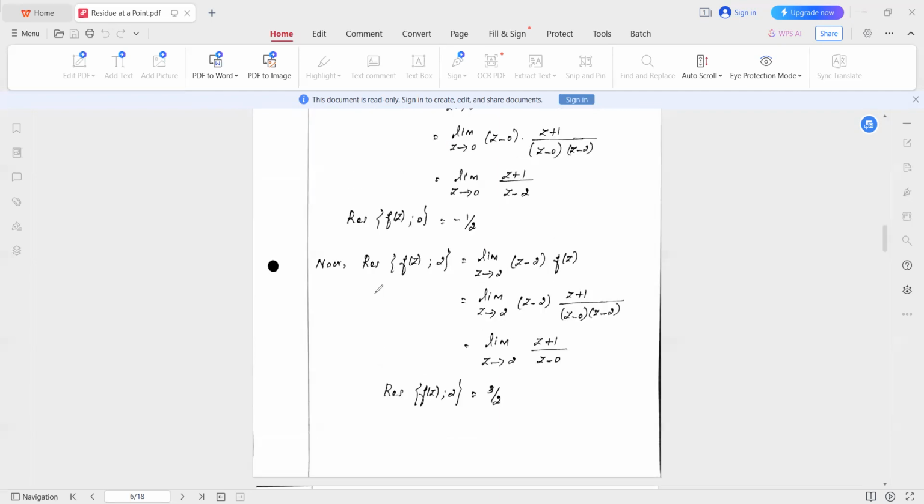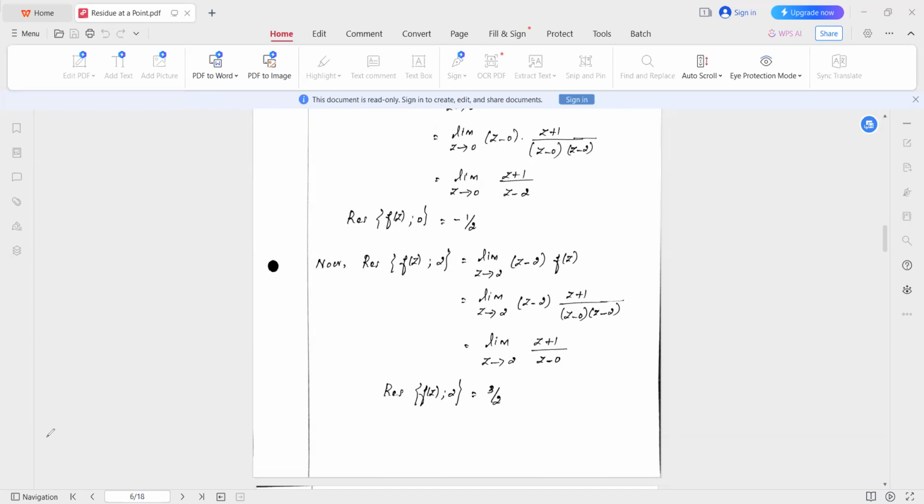Substitute the value of f of z. z minus 2 and z minus 2 get cancelled. The remaining term is (z plus 1) by (z minus 0). When z tends to 2, the numerator becomes 3 and the denominator becomes 2. So the residue of f of z at the point 2 is 3 by 2.